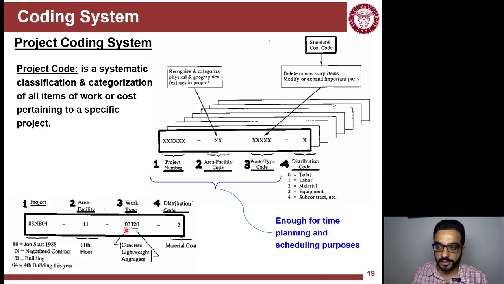So 03 is concrete, and lightweight aggregate is 320. And then for tracking purposes, you can have distribution codes. 02 here, or 2, refers to the material cost. But for scheduling, you can just stop here, and this will be the code. This activity will be 88NB04 11 03 320.